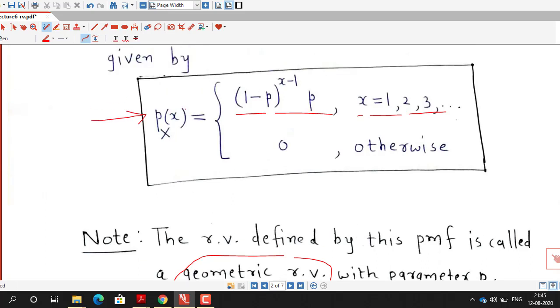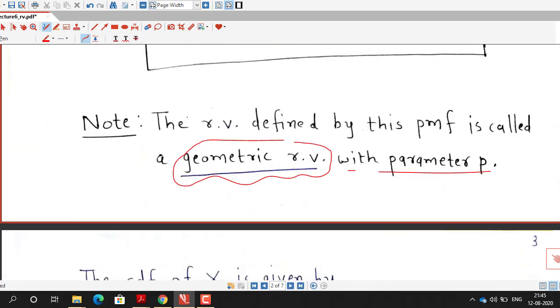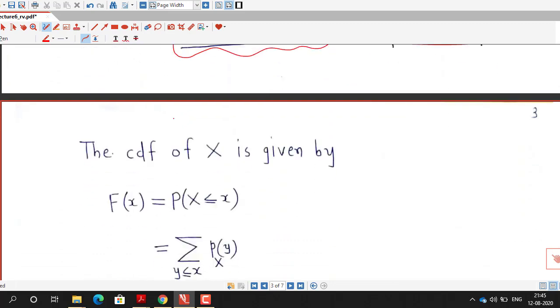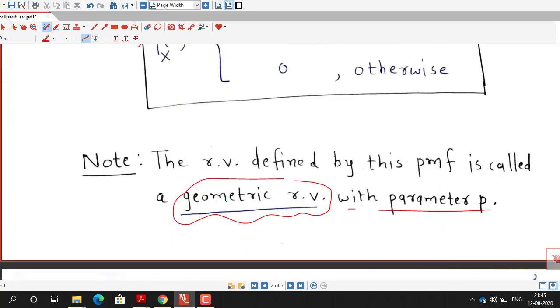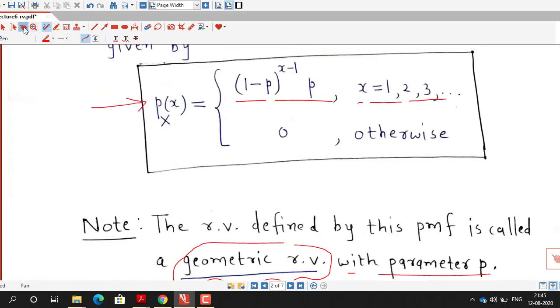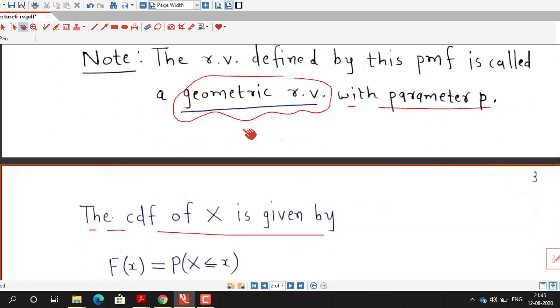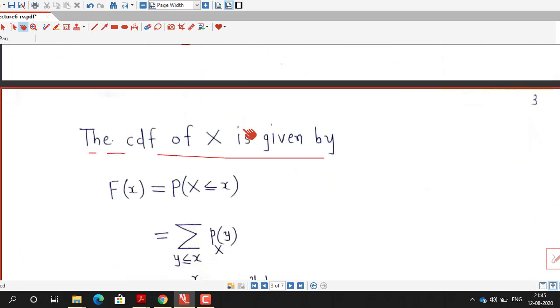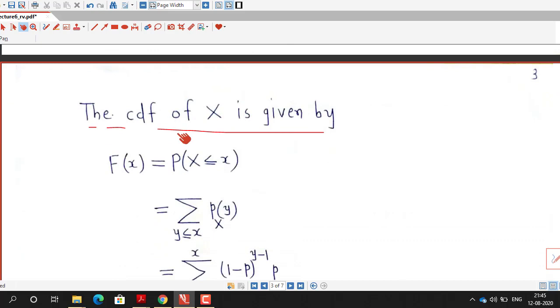Now once we have the probability mass function, we can find the cumulative distribution function, CDF, of the random variable using this definition. The CDF of a random variable is given by F of x equal to probability that X is less than or equal to x.